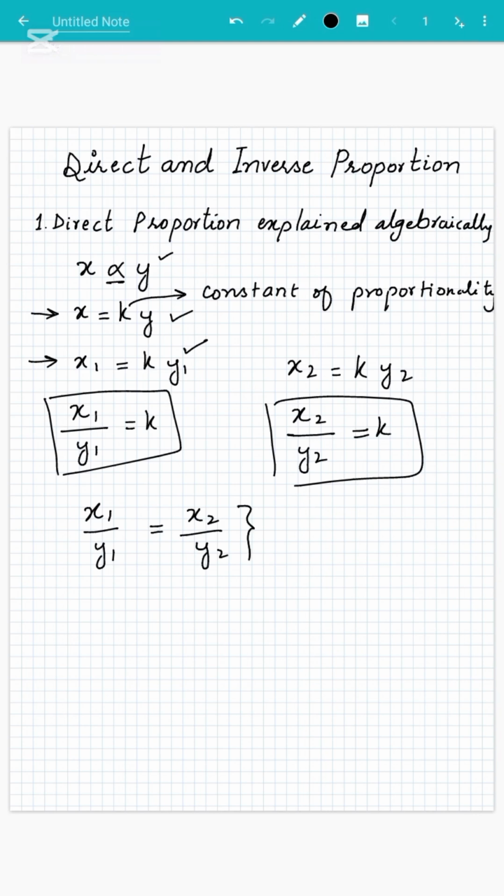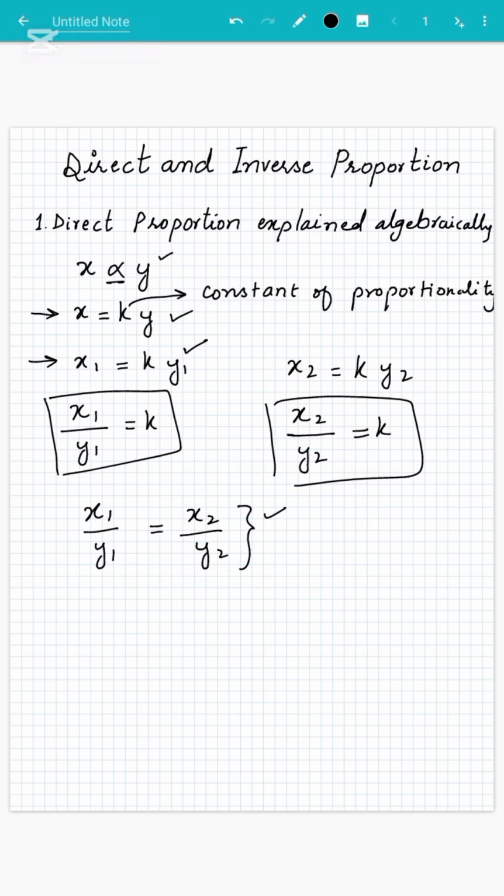So this is the formula which we will use for different situations of direct proportion, when one quantity is related to another quantity in direct relation. In direct proportion, when one quantity is increasing, the other quantity is also increasing. It will be you who will decide, by analyzing the situation, whether the two quantities are in direct relation or not. Then this formula will be applied.